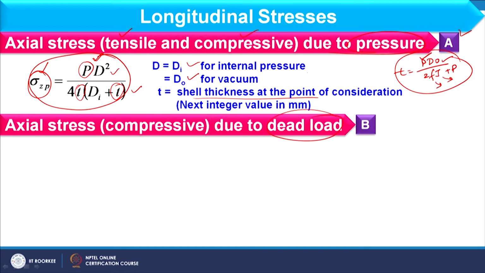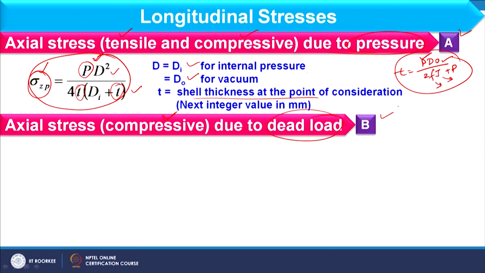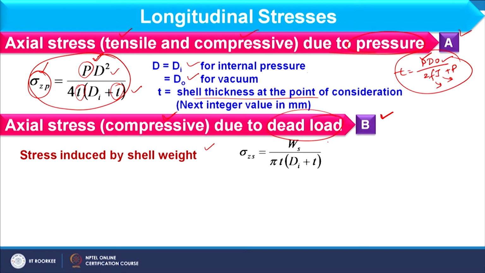Next is the axial stress due to dead load, and that we consider as compressive. Why? Because wherever I have the dead load, it will try to compress the shell. So, in that case tensile will not work, only compressive will be there. This is basically parameter B. Here we should consider the stress induced by shell weight, which we can write as sigma Zs equal to Ws by pi T into d_i plus T. This Ws is the weight of the shell.